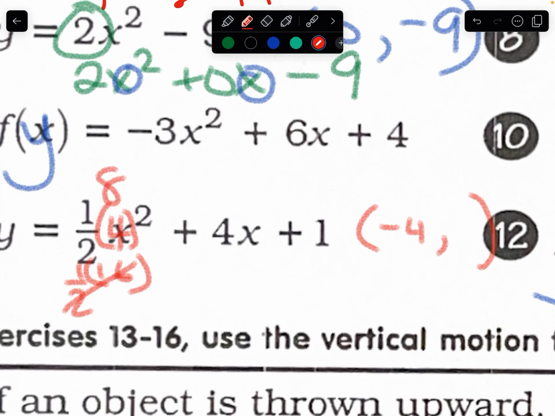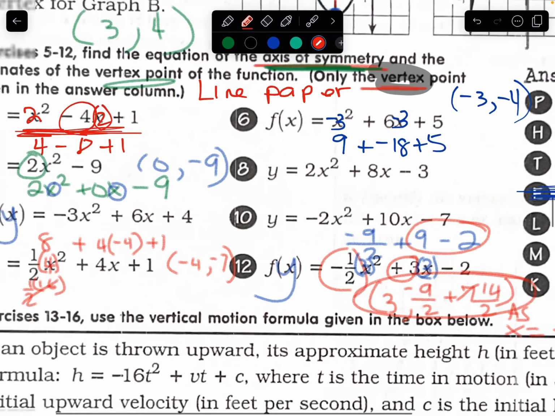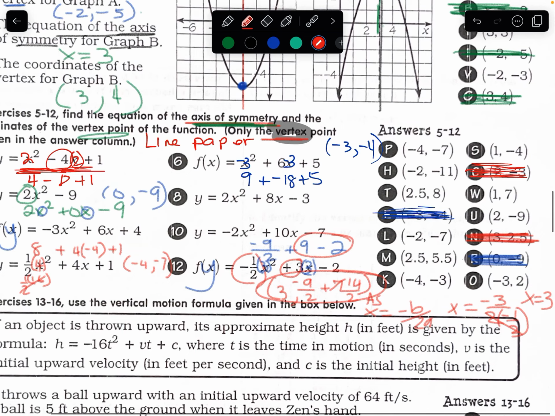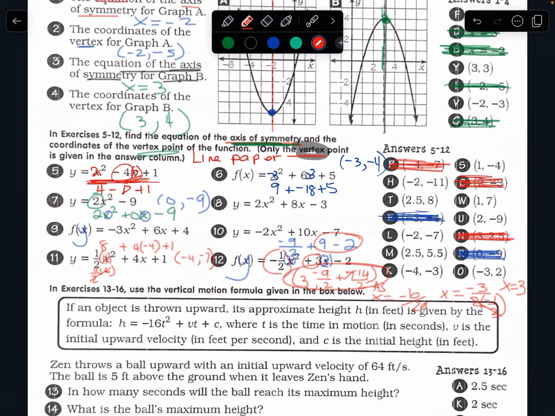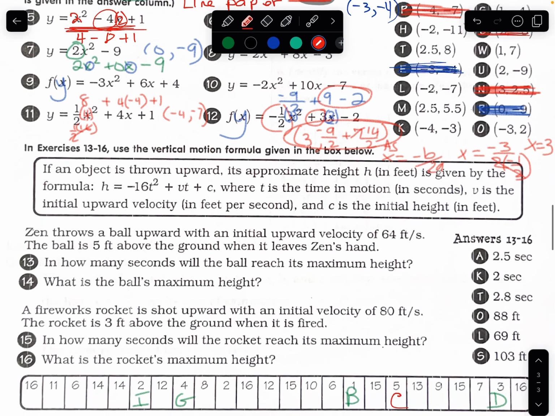Leaves you 8 plus 4 times -4 plus 1. You got -8 plus 1 is -7. That's how you do that. And then mark it in there.